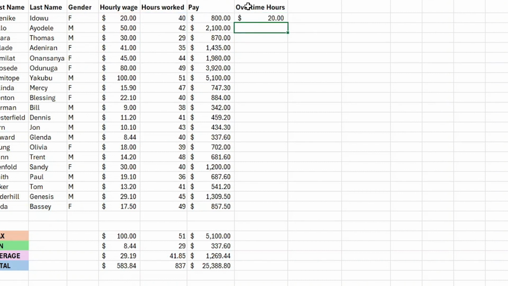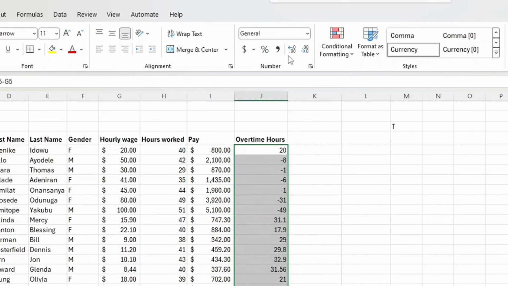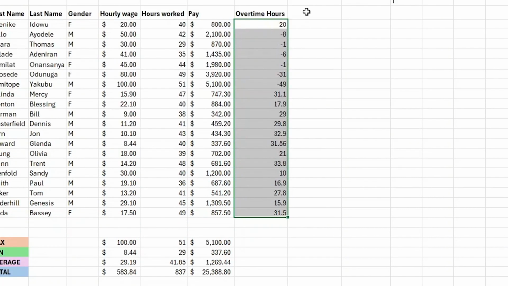You can see, right? Don't forget, just auto-fill all the way down. Yes, you can see we have a lot of these here. First of all, it is hours, not a dollar, so we'll come here and change it to general. Do you understand?